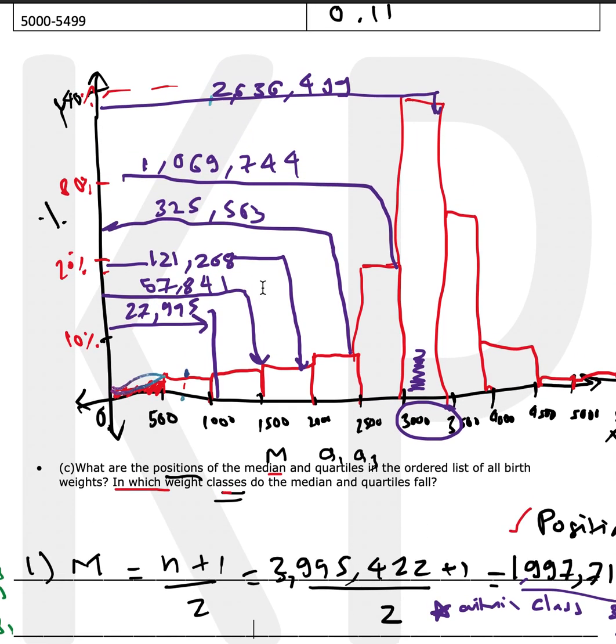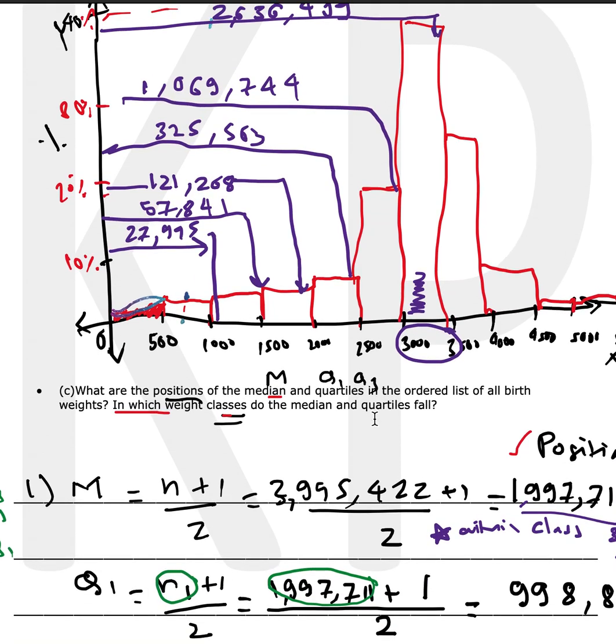So let's look at these cumulative frequencies, and we can see that 998,856 should be between this and this, right? So that means our Q1 should be within this bar of histogram, right?